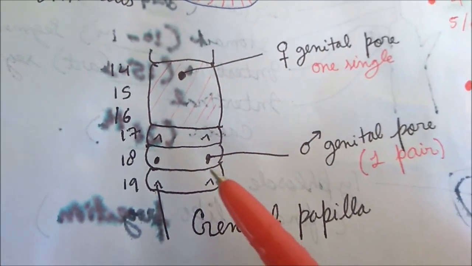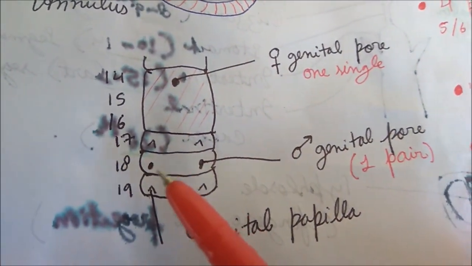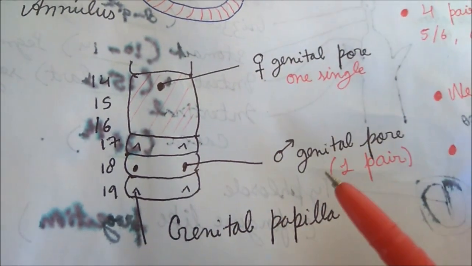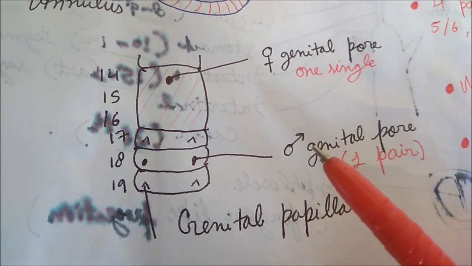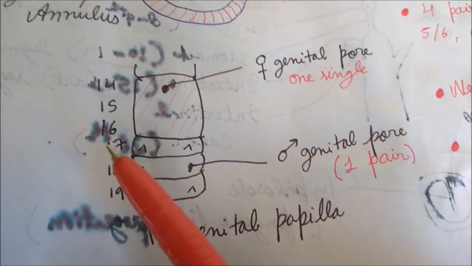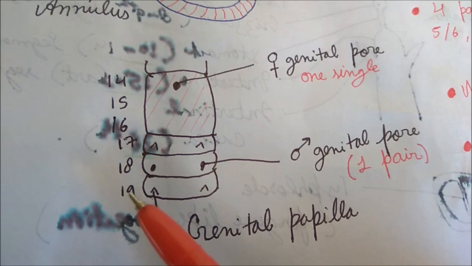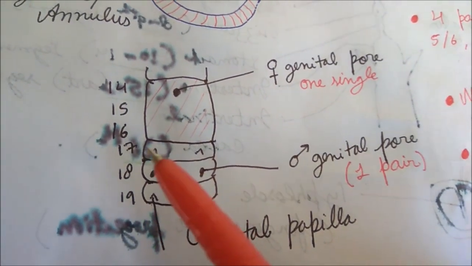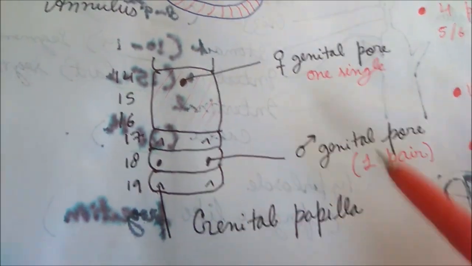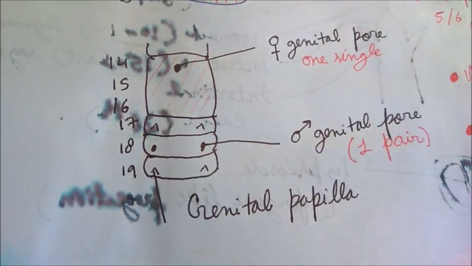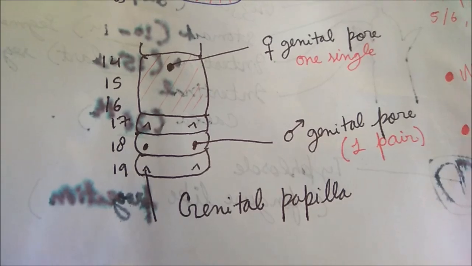In the 18th segment, there is one pair of male genital pores. In the 17th and 19th segments, there is one pair of genital papillae. We'll study the details of these parts later in the anatomy part.